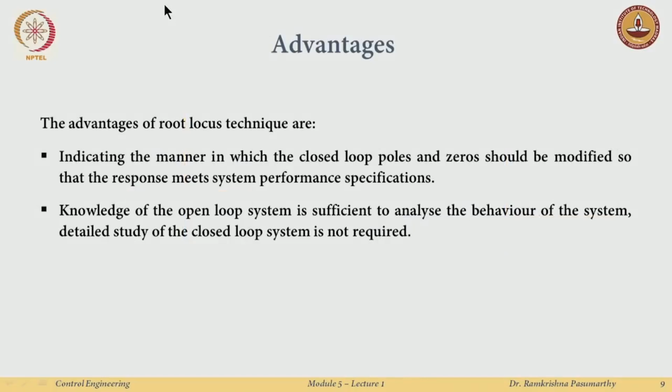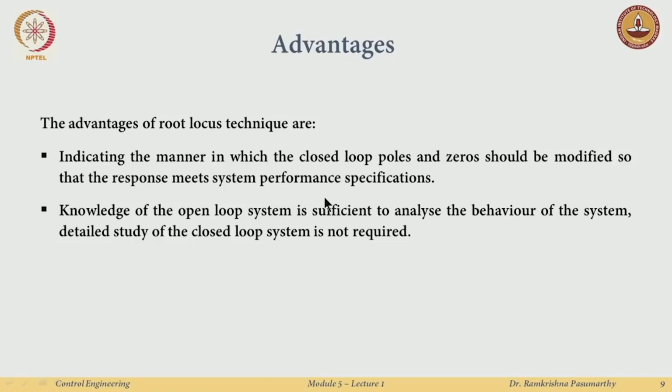So, what did we see here? The root locus indicates the manner in which the closed loop zeros and poles move, so that the response meets some specifications. My specifications are usually in terms of zeta and omega n, and these specifications usually translate to locations of poles.